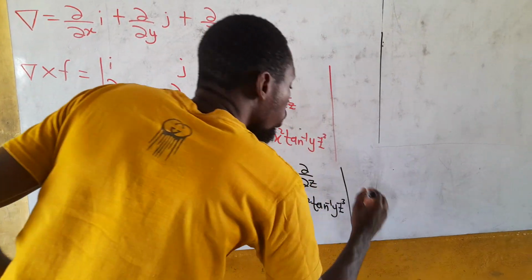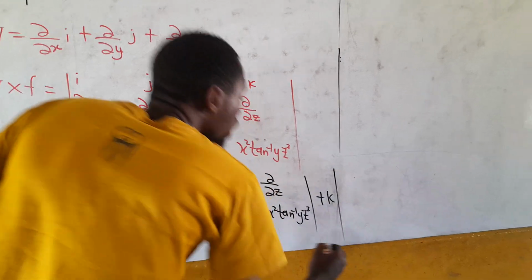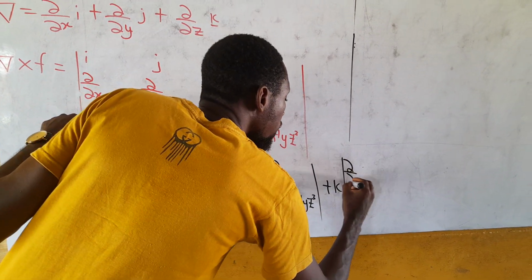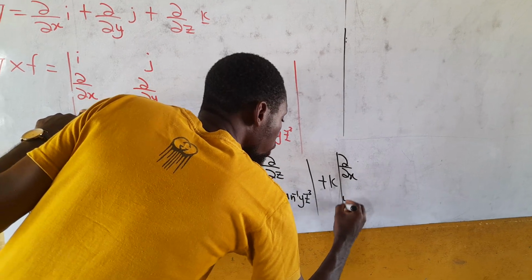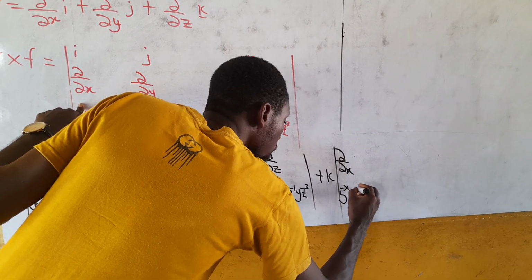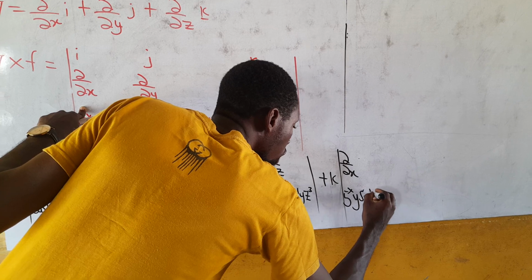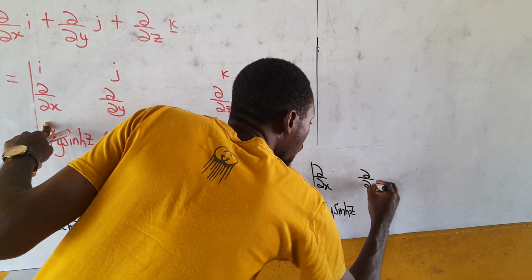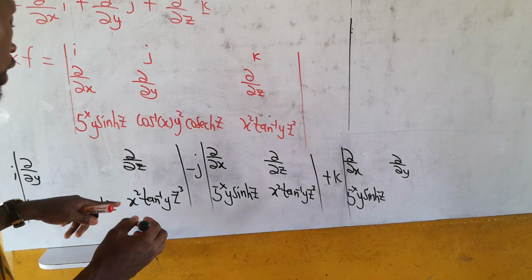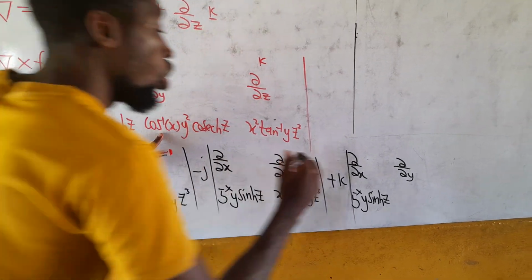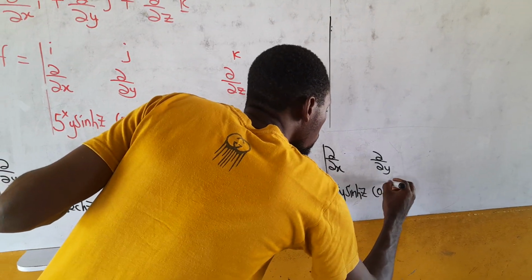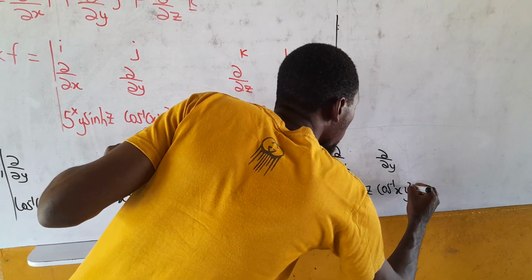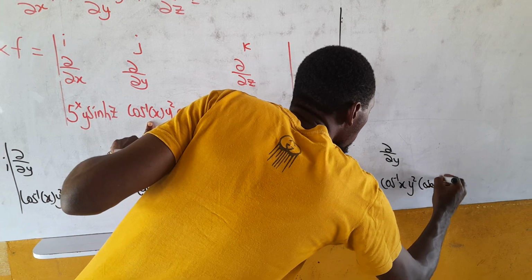Then plus k, the determinant of what is not under the k, and that's del over del x, e to the power xy sinh z. Then del over del y, cos inverse of x, then y squared cosec z.